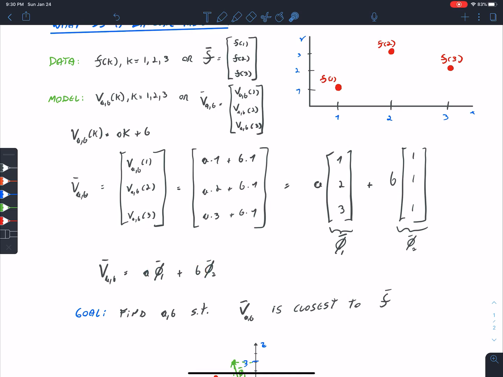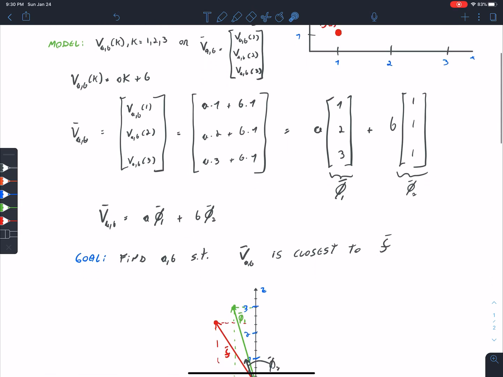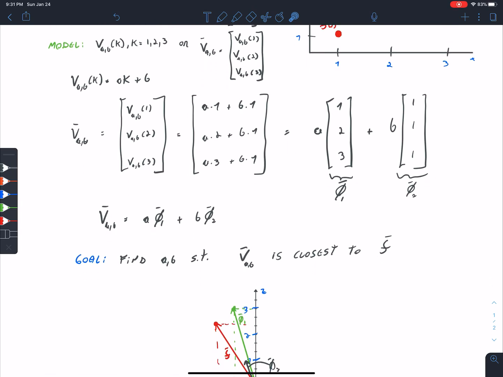The whole problem that we solved in the last video can be restated as finding the values of a and b such that the vector produced when I plug in this linear combination is closest to the input data that I'm given, the data f. So it's a geometric interpretation of what's going on.